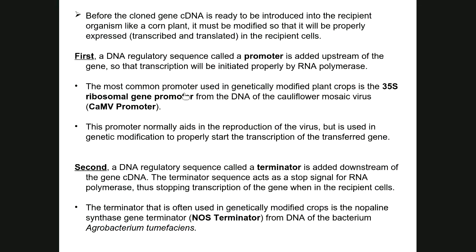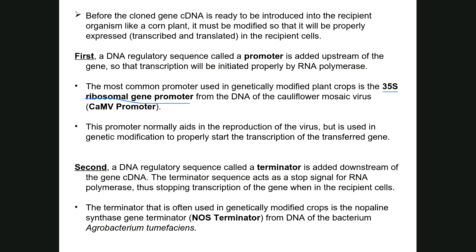Well, what scientists discovered, when they looked at other living organisms and at viruses, which are considered not alive, but not dead either, is that there are a variety of different promoters in different species and viruses, and a variety of different terminators in different species and viruses. So through a lot of trial and error, scientists eventually discovered that a promoter that works very well in helping create a genetically modified organism is known as the 35S ribosomal gene promoter.